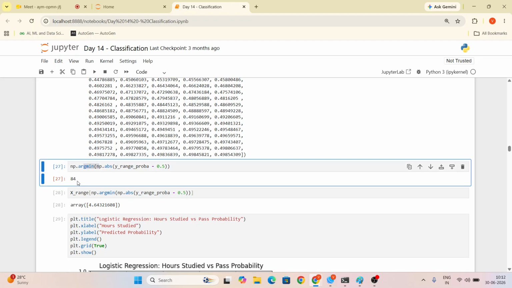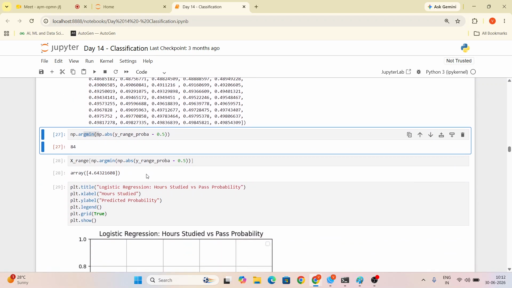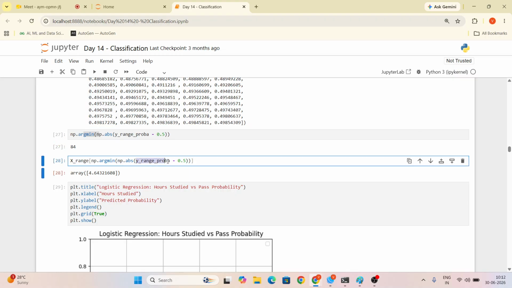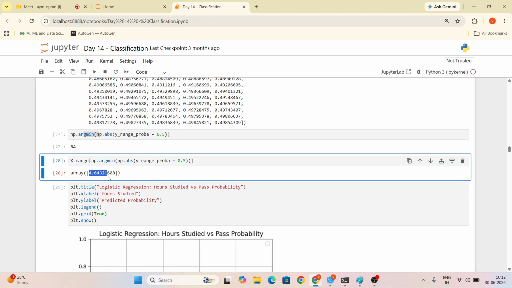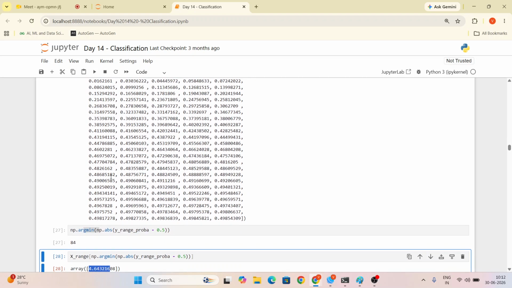It finds the index of the minimum value, so the minimum is zero and the index is 84. So now you already know: y range probability minus 0.5, then absolute, and argmin. Finally we find the x range is 4.64. Have you got my point?